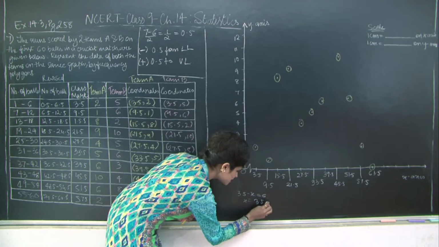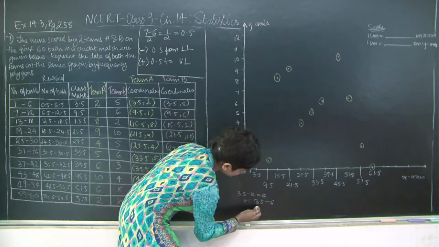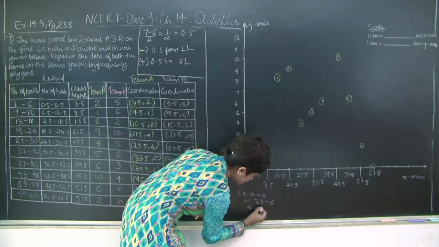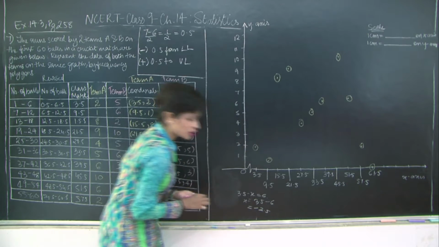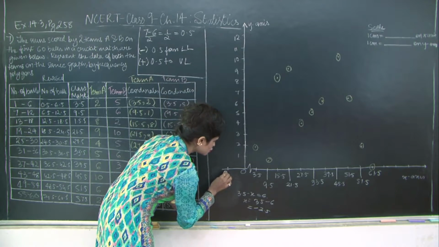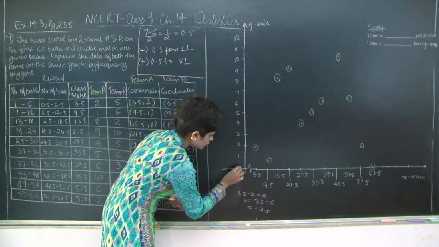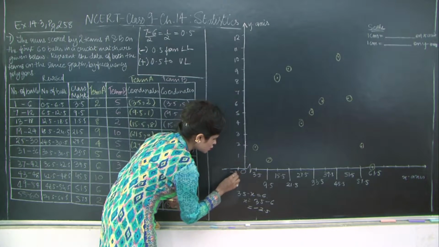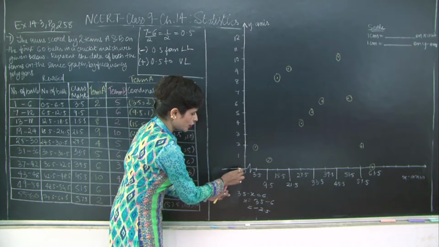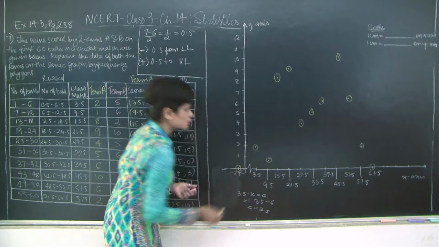This is going to be negative, minus 2.5. I'm going to take my number minus 2.5 over here, because we started with 3.5 here. Now this will be your coordinate towards the left hand side.